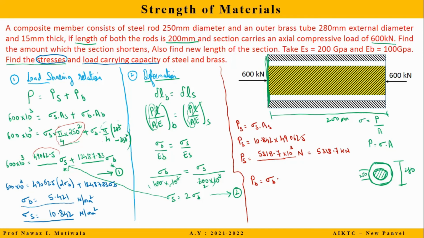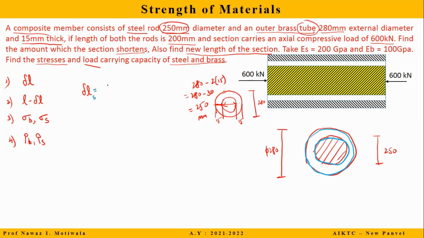So just multiply and tell me the answer. What will be the answer for this? So here it will be 6769.5 kilonewton. So this is the answer for PB, that is the load carrying capacity of steel and brass both. So we have calculated PS, we have calculated PB.